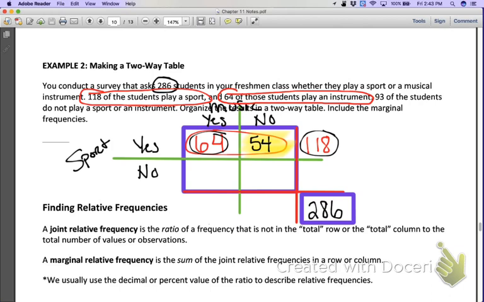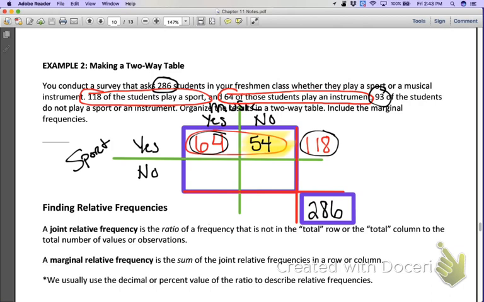Now, what else can I do now? Before I even go anywhere into my reading part of it, can I fill anything else in? 93 of the students do not play sport or... So you're going with that number right there? Is that what you said?